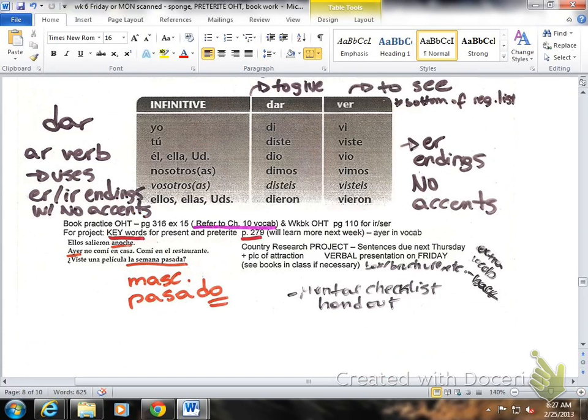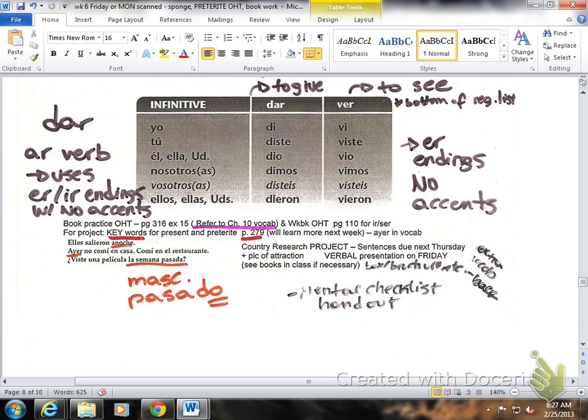What is semana? Right, last week. Good. So, remember that this pasado or pasada would be masculine or feminine depending on which word you couple it with, and it doesn't literally mean last, just as a phrase, last week, literally the week that has passed.